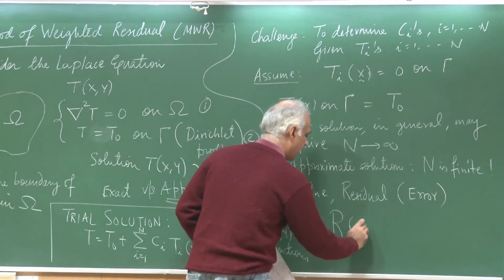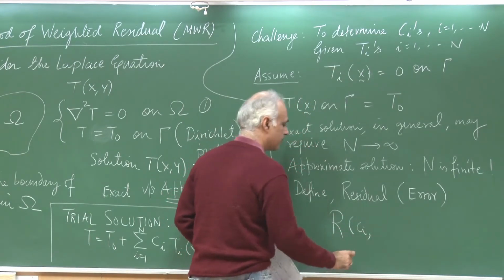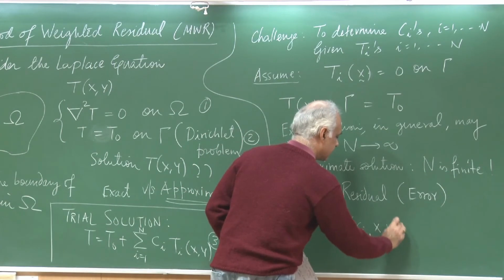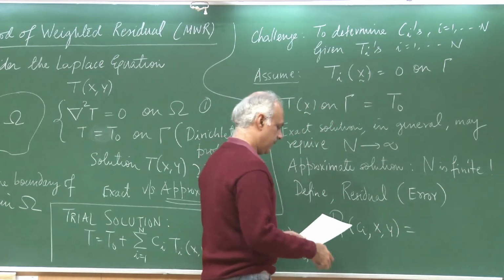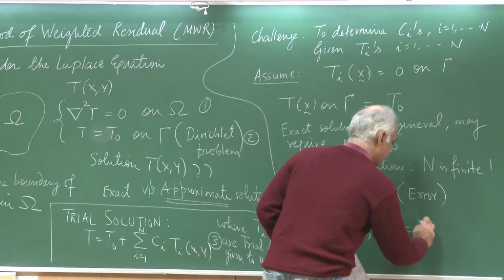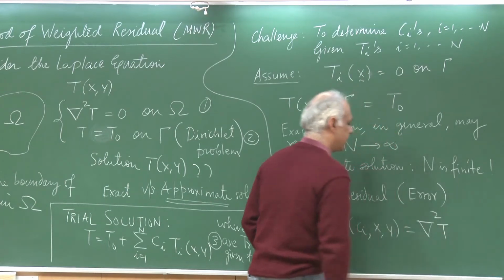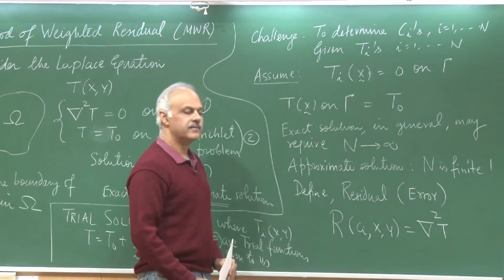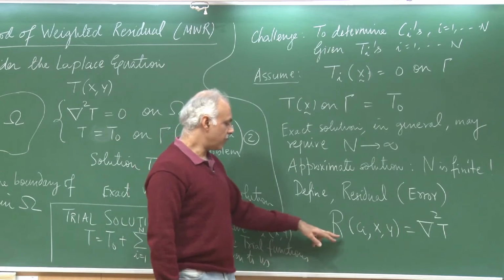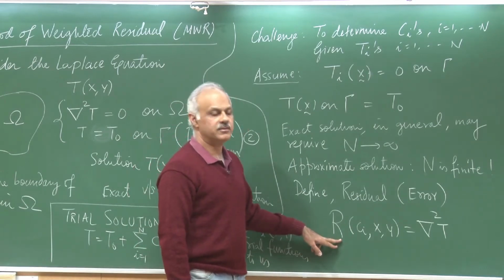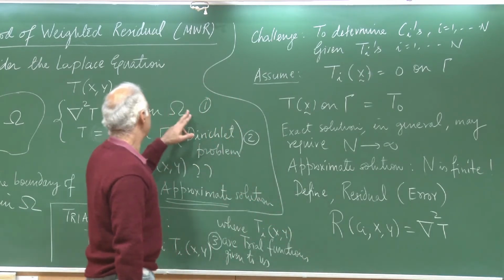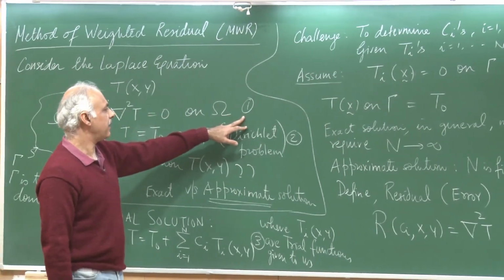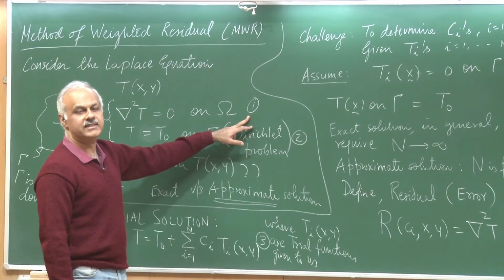So, I will define r as a function of Ci, x and y, and this is simply Laplacian of T. Okay. This was ideally supposed to be 0. So, if you remember, this was the original equation, Laplacian of T is 0, that is equation number 1.